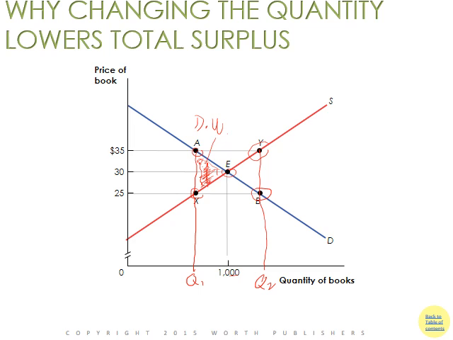So here you've gone too far, and this area represents the loss in consumer plus producer surplus that results from having sales that are higher than the equilibrium quantity. So if you follow this logic through, the quantity that maximizes the sum of producer plus consumer surplus is going to be the equilibrium quantity.